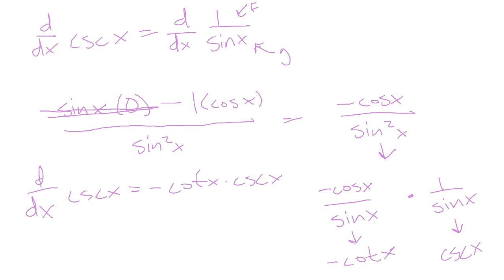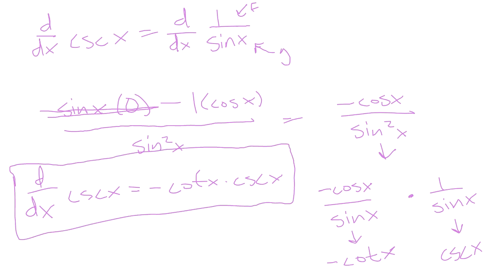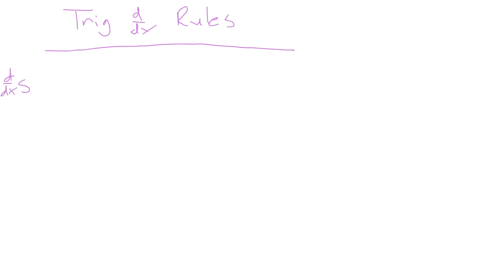And we can essentially follow this proof for pretty much our other trig functions. So at the end of the day, for our basic trig derivative rules, we can say that the derivative of sine of x equals cosine of x.